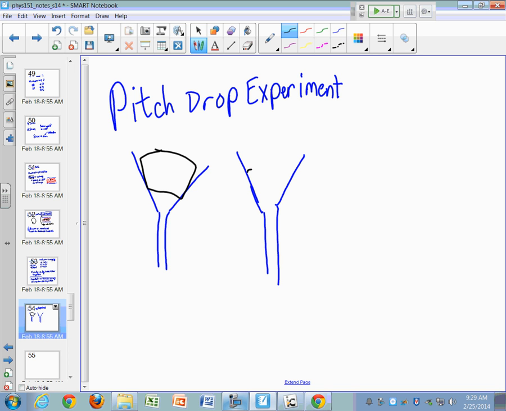It sort of forms to the funnel, and then slowly it oozes out. About every 80 years or so, you'll get a little drop, and that drop will fall down. And just this past year, we had a drop from the pitch drop experiment. Do y'all want to see it? Okay, it's kind of neat.